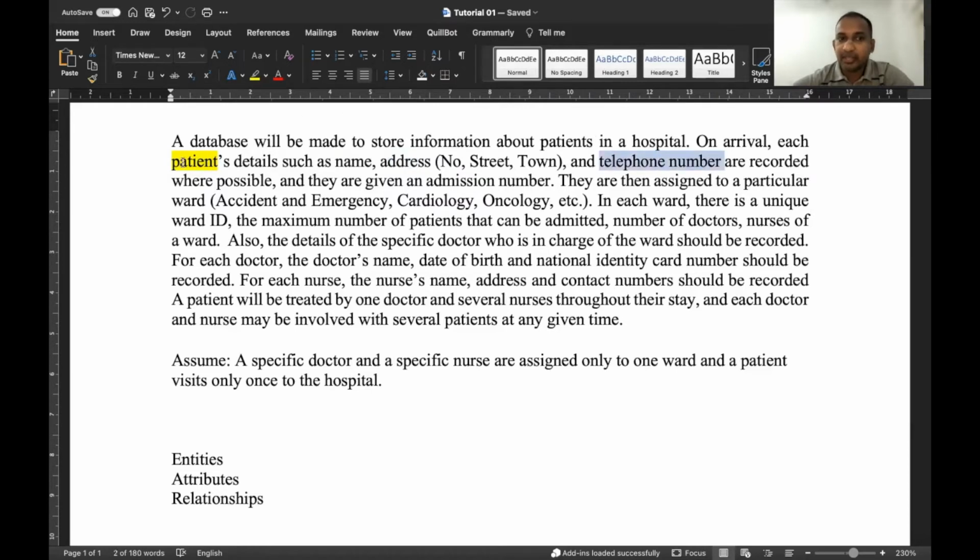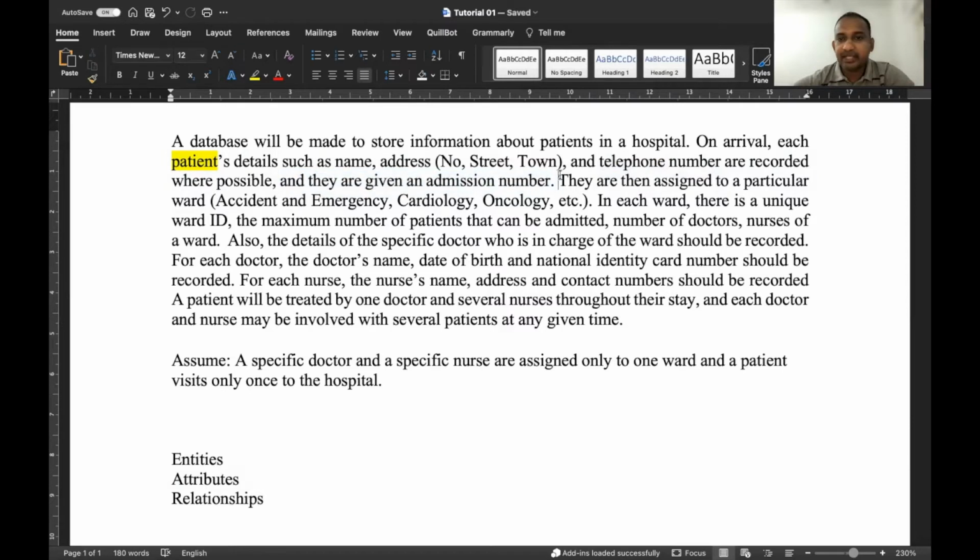Therefore, patient is an entity. The name, address, and telephone number we call attributes of that entity. That means name, address, and telephone number are attributes of the patient entity.